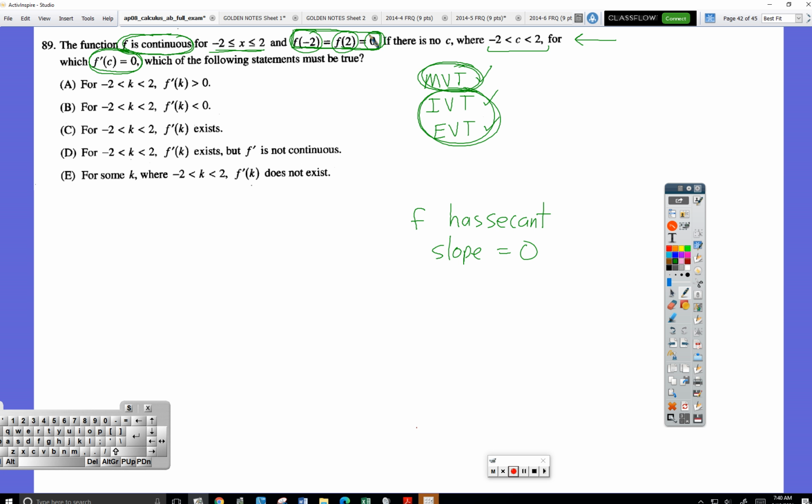That means between those 2 points, the secant slope of f would be 0. So because f has a secant slope of 0, that means somewhere on f there will be a tangent slope of 0 as well. Meaning f prime of some x coordinate must equal 0. That's the mean value theorem.